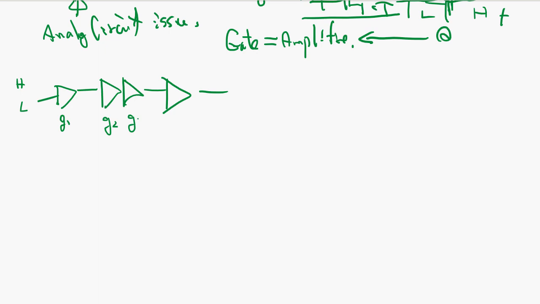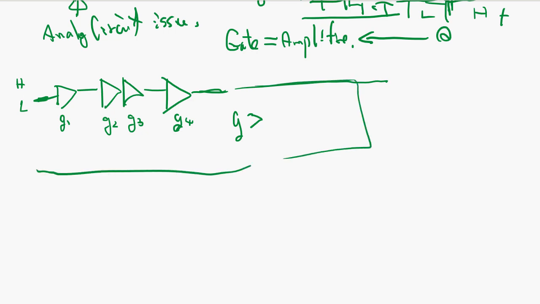And if it's cascaded, if signals stay long between high and low, this is going to be a very big total amplification. And what happens if this wire happens to be close to this?